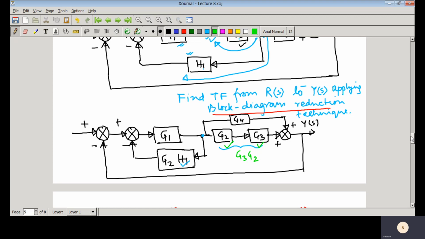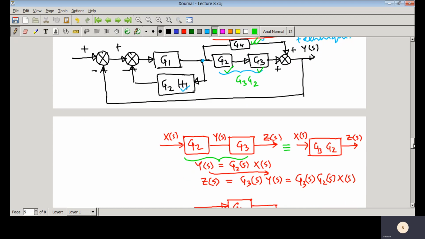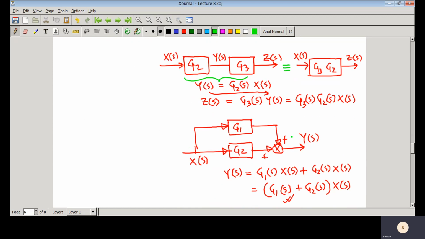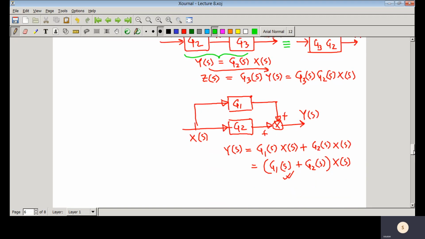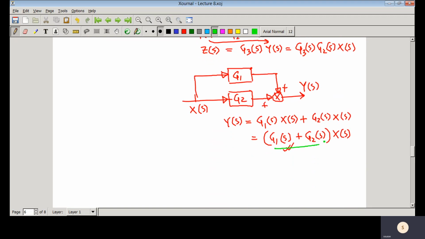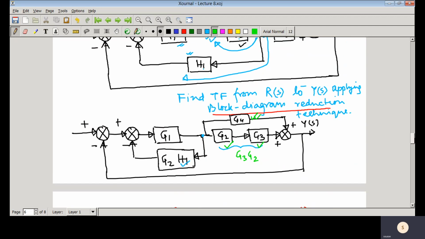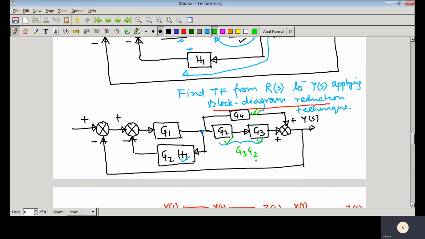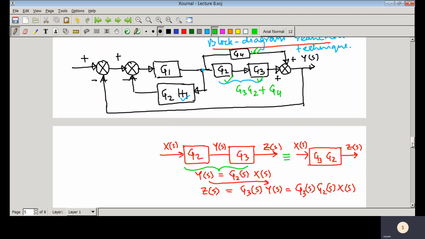And similarly this G1 and G2 are connected in parallel, just like this one. So the effective transfer function would be G1 plus G2. So in this case the transfer function would be G3 plus G3 into G2 plus G4. So let us simplify this one.